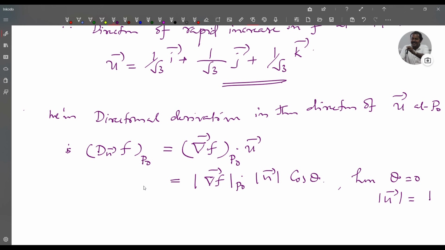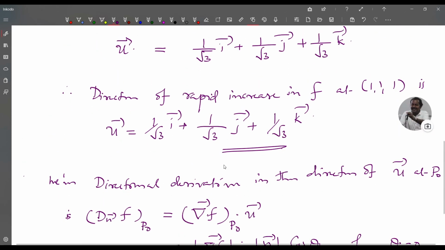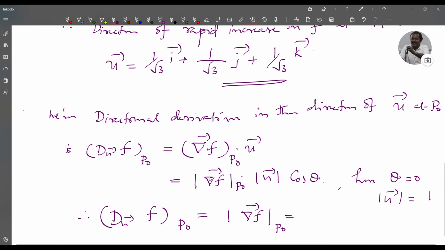Therefore, Duf at p naught is modulus of del f at p naught. This is equal to square root of 2 square plus 2 square plus 2 square.